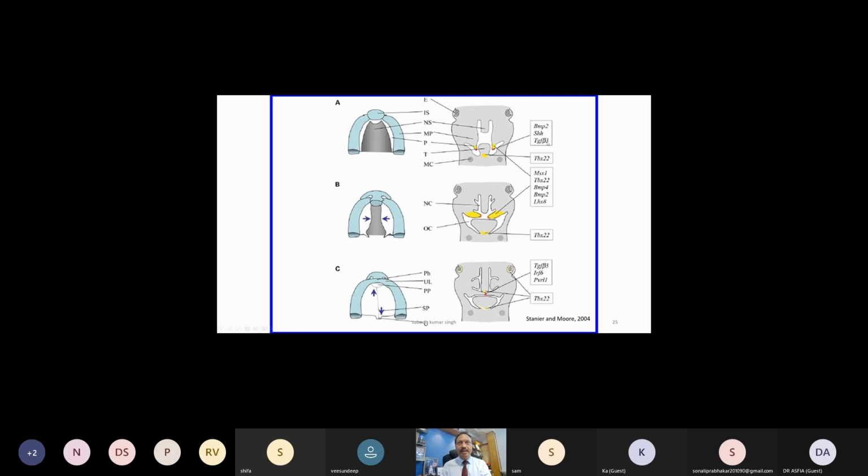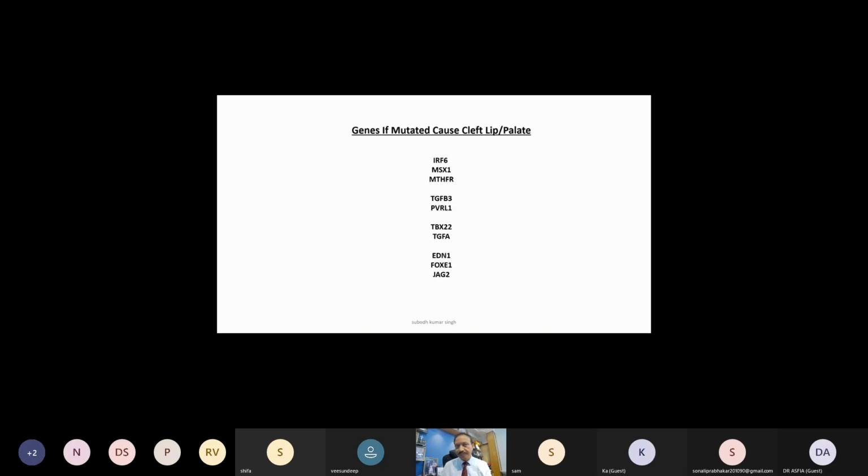So again, there are multiple genes acting at different places, and their expression is responsible for dissolution of the matrix metalloproteins which lie between the palatal shelves, and also for the migration and union of the two shelves.